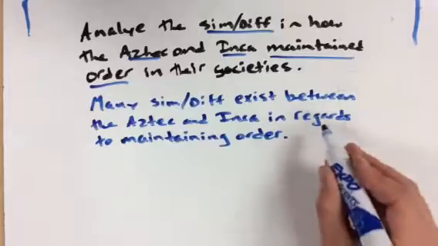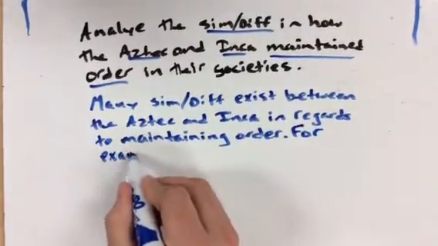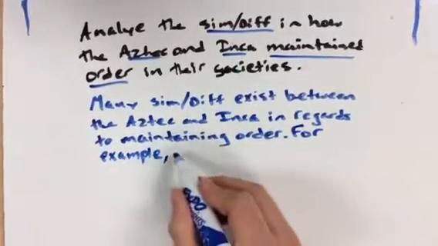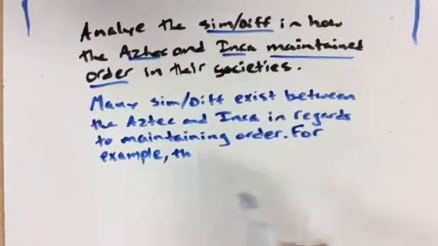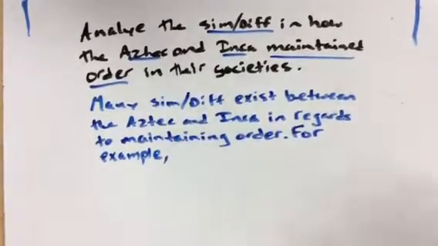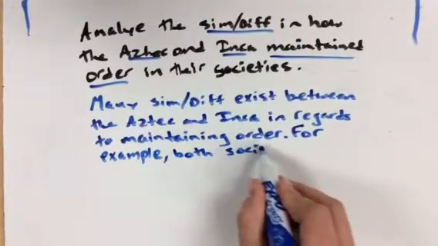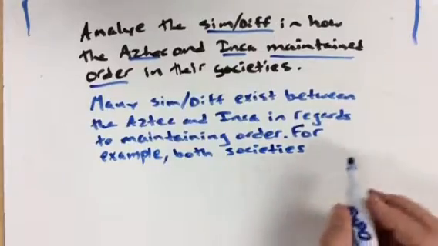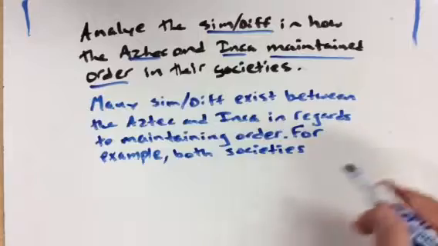So the example, you could start with, for example, there were similarities, or you could say, for example, both societies, since you already introduced which ones you're talking about, both societies or empires, right?